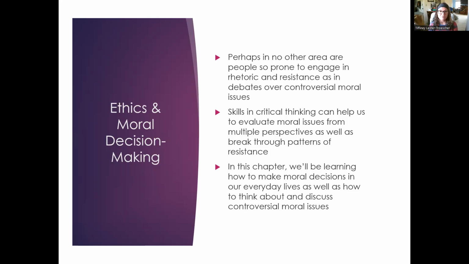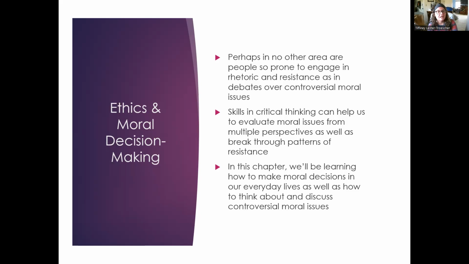And again, that's what argument is meant to do as well. We're meant to be aware of all of those barriers to critical thinking so that we can identify when others are putting up those barriers, but also, more importantly, to recognize our own barriers to critical thinking and to begin working on those to break those patterns of resistance, right?